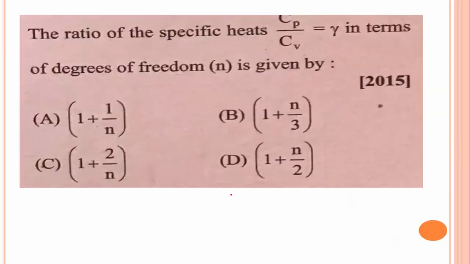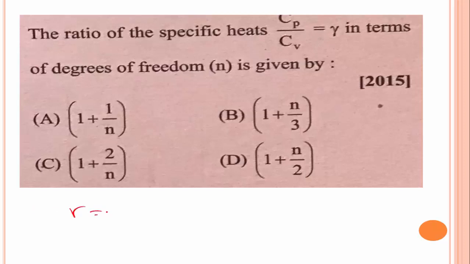The next problem is the ratio of specific heats. The ratio of specific heats Cp divided by Cv is equal to gamma. The ratio of specific heats Cp by Cv equal to gamma, in terms of degrees of freedom. Degrees of freedom means the number of independent ways a system can acquire energy.